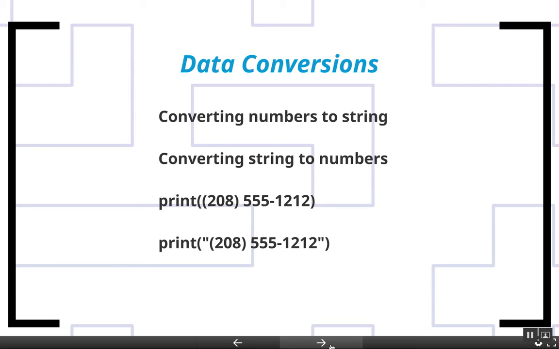The computer might read this as 208 times 555, and then whatever the result of that is, it would minus 1212 from it. So it is inferring that they are numbers the way it is here, and that you want to do math, where really all you wanted to do was print out the phone number.